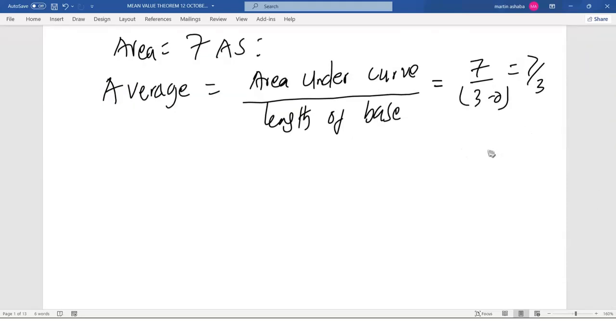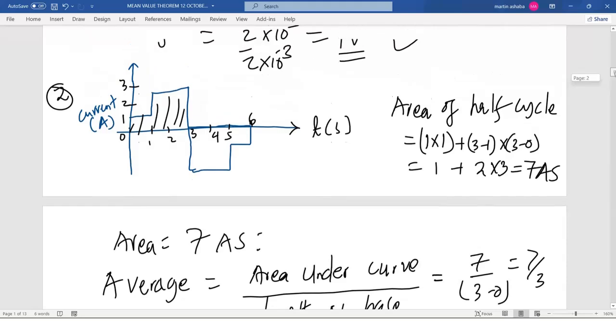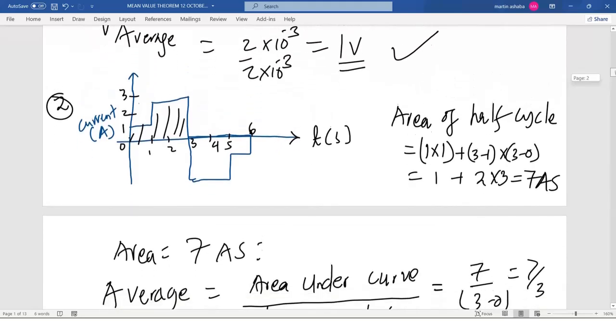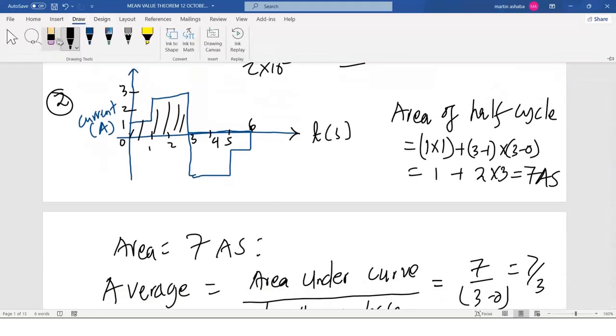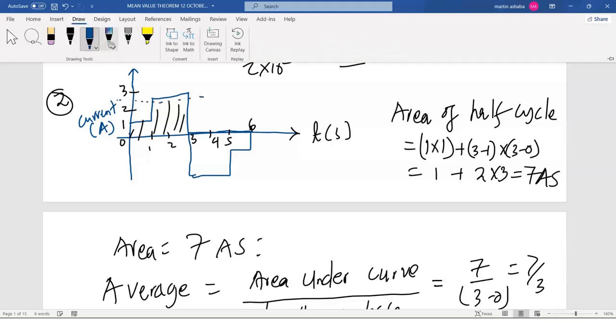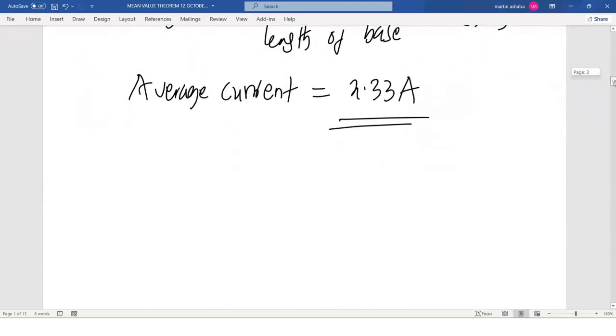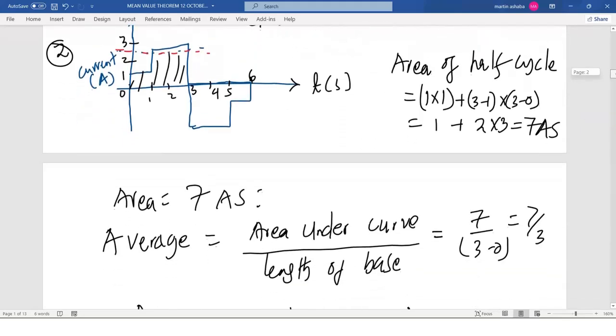And therefore the average current will equal 2.33 amps. So that is going to be the average. So your average is going to be lying around there, and that will give you the average value of this function over half a cycle.